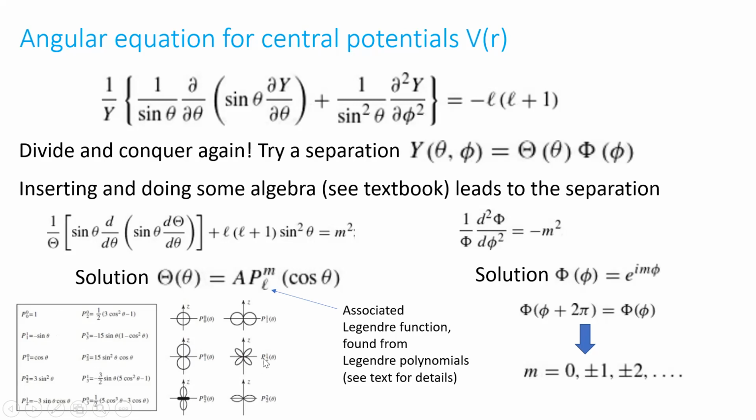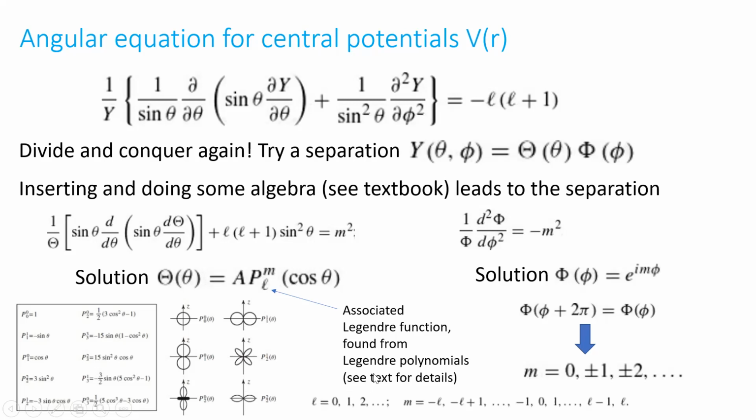And the higher the indices get, the more interesting and fairly beautiful the shapes get. They're very symmetrical. So these polynomials give rise to some really interesting shapes, sorry, in the theta equation.